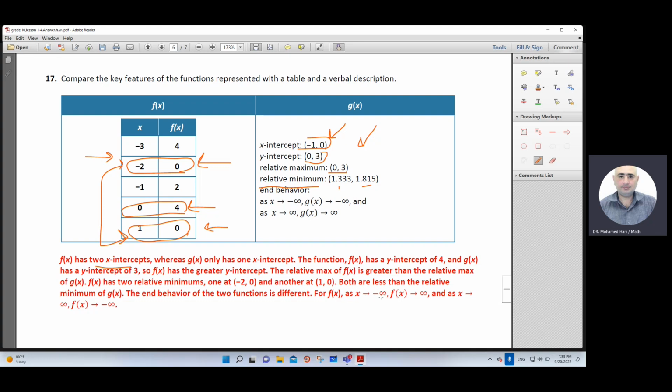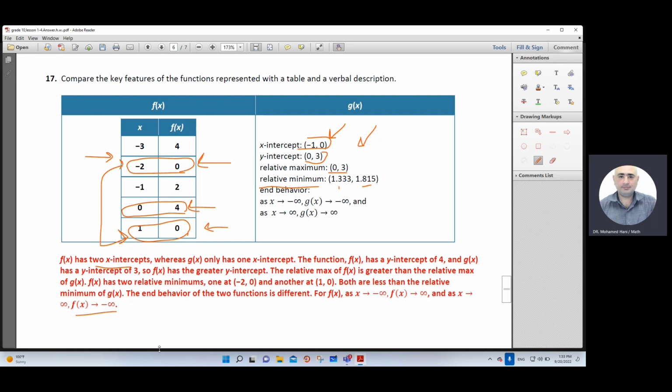Looking at signs: negative, positive, negative, positive, and here positive, positive, positive, positive. Okay?